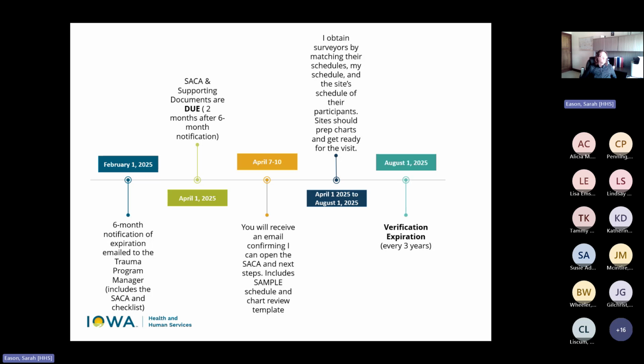So on February 1st, this already happened for our August 1st facilities, you got an email, the trauma program managers, trauma coordinators, whoever we have listed as the point person for your trauma program, got an email from me that said you're going to expire in 6 months. And attached to that email was your SACA application that I just showed you. It is a blank fillable PDF format. And you also got the checklist.